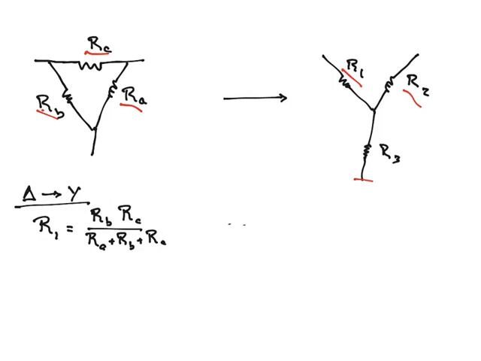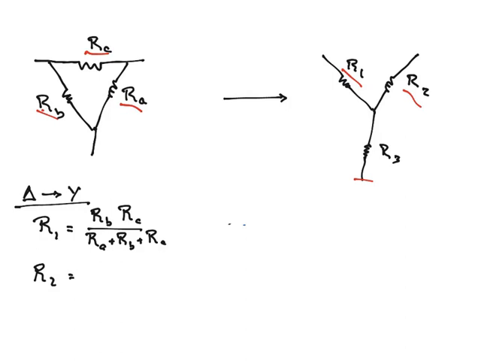So for R1, R1's associated with RA. I don't care about that one. I want the other two, B and C, and then I divide that by the sum, A plus B plus C. Likewise, for R2, the same exact rule applies. R2 is the top right resistor.